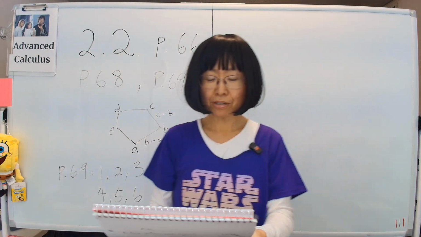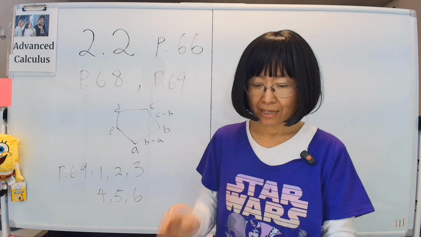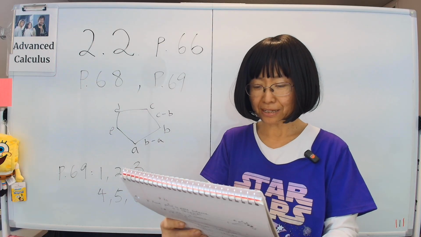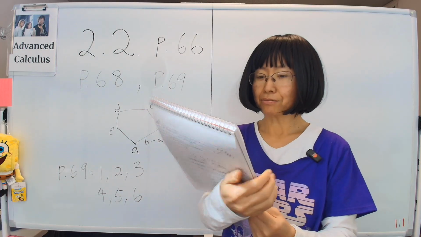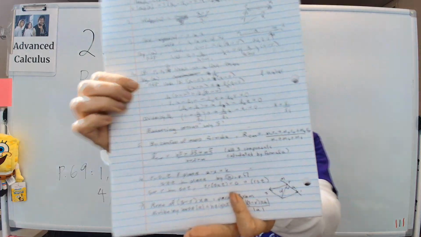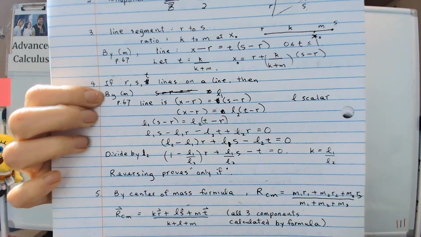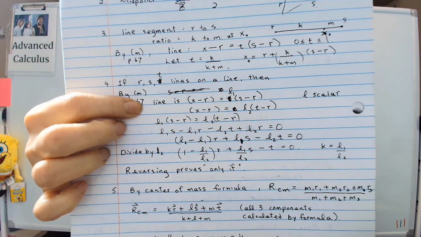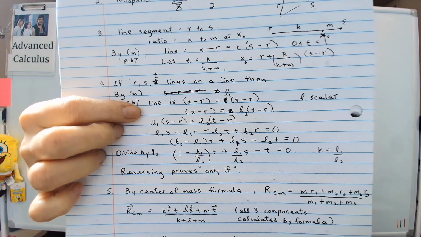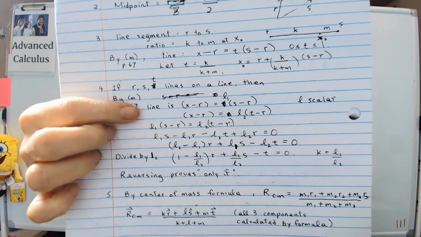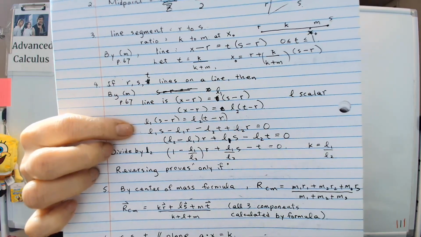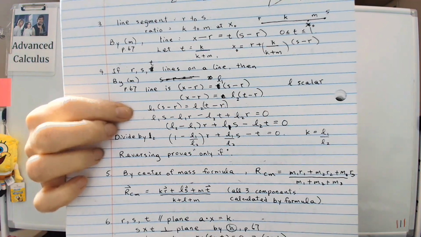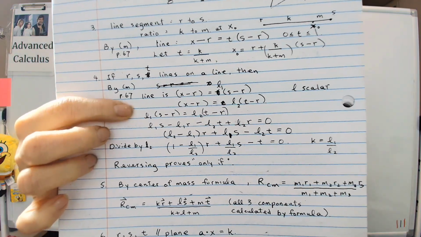Now for problem 4, we need to prove that if r, s, t are 3 vectors on a straight line, then some kind of line relationship had better come out. By equation m, r and s will have this equation, the line between them, and s and t have a similar relationship.